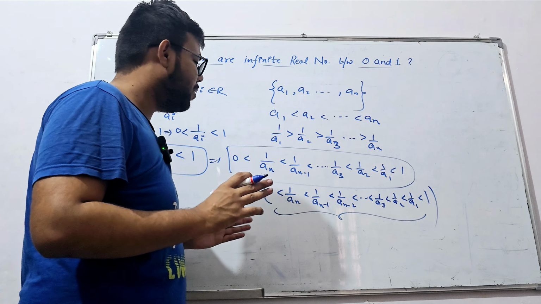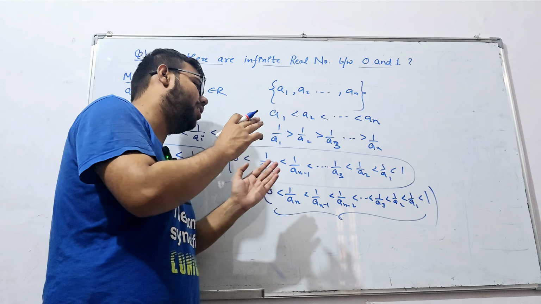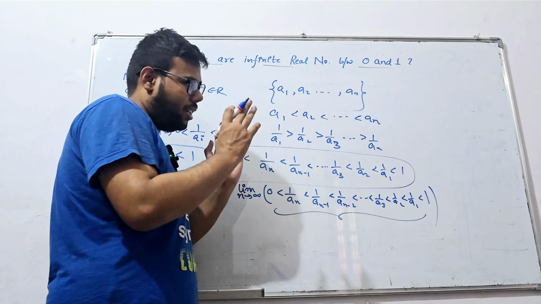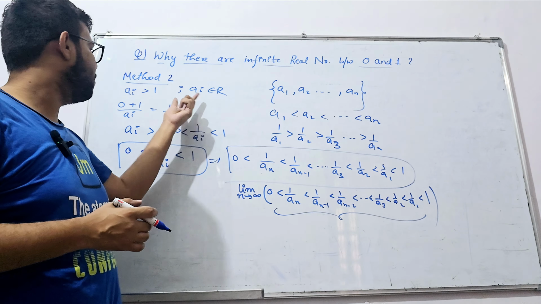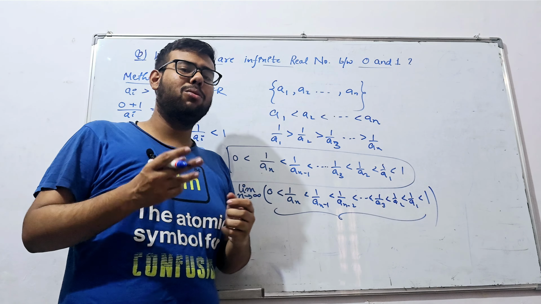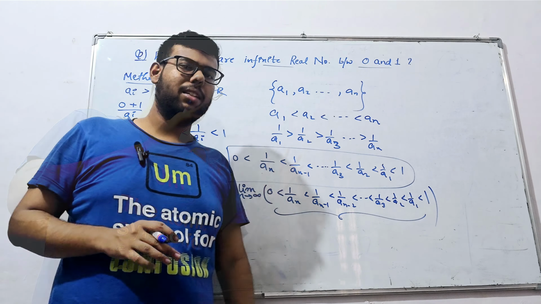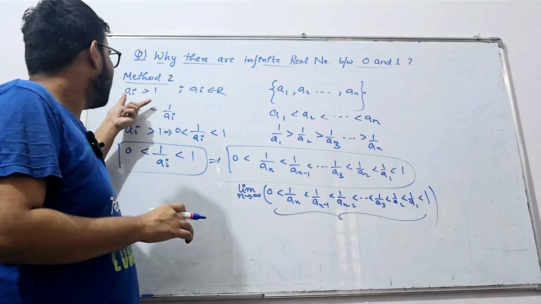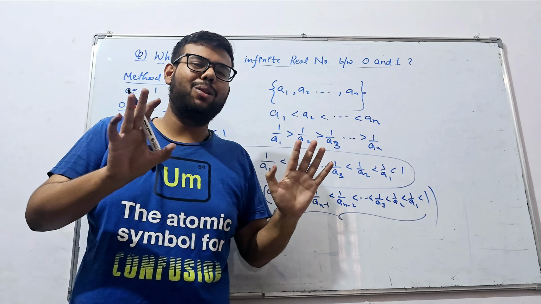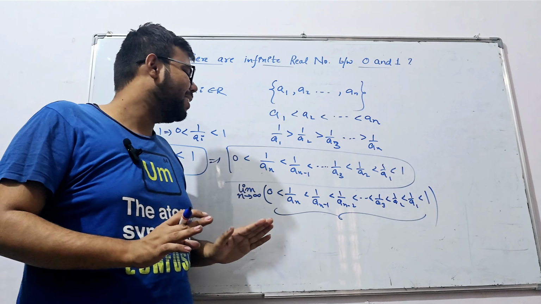And it is very fascinating that it can be a rational value also, it can be an irrational value also, it can be a non-integer. Of course, a_i can be an integer because it is a real number, right? And greater than 1, so you can take a_i as 2, 3, 4, whatever. You can take root 2, you can take root 3. As far as a_i is greater than 1, you can take any value, and it should belong to the real numbers.